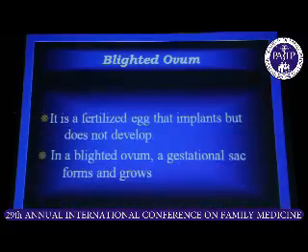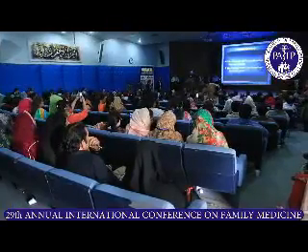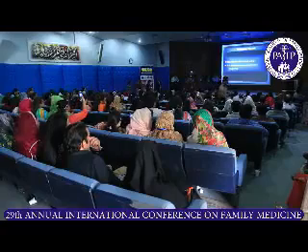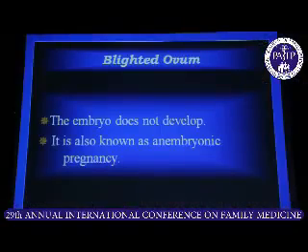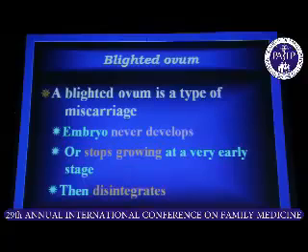Blighted ovum. It is a fertilized egg that implants but does not develop. In a blighted ovum, a gestational sac forms and grows. The embryo does not develop. It is known as an anembryonic pregnancy. A blighted ovum is a type of miscarriage.